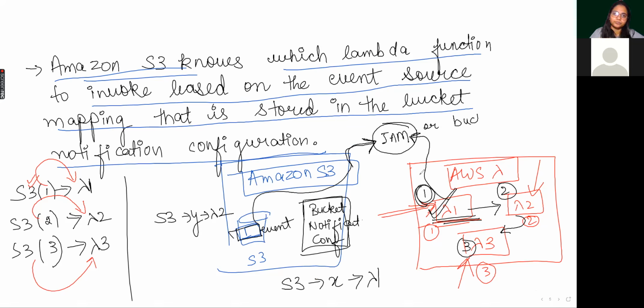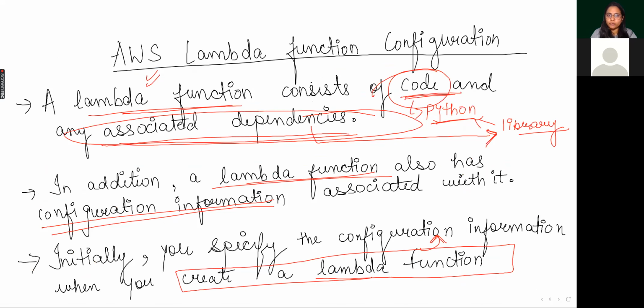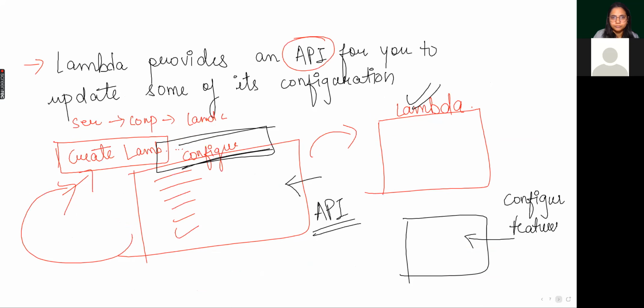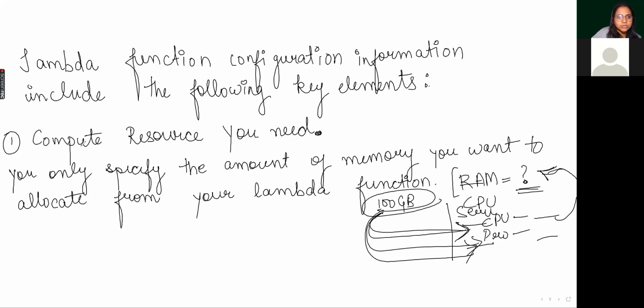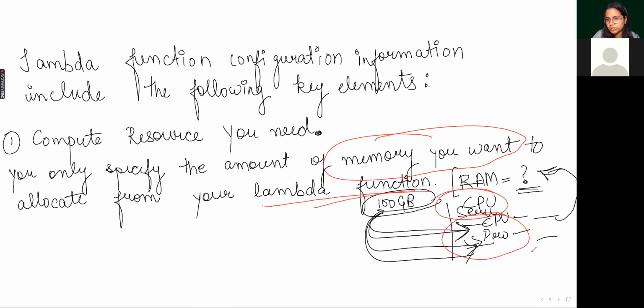Okay. Then AWS Lambda function configuration, like what things we can configure. Compute resource is the one thing that we can configure. Means we can easily provide the memory that we want, and the Lambda function will allocate it to us, and based on that they will select the CPU and the processing power that we will require.